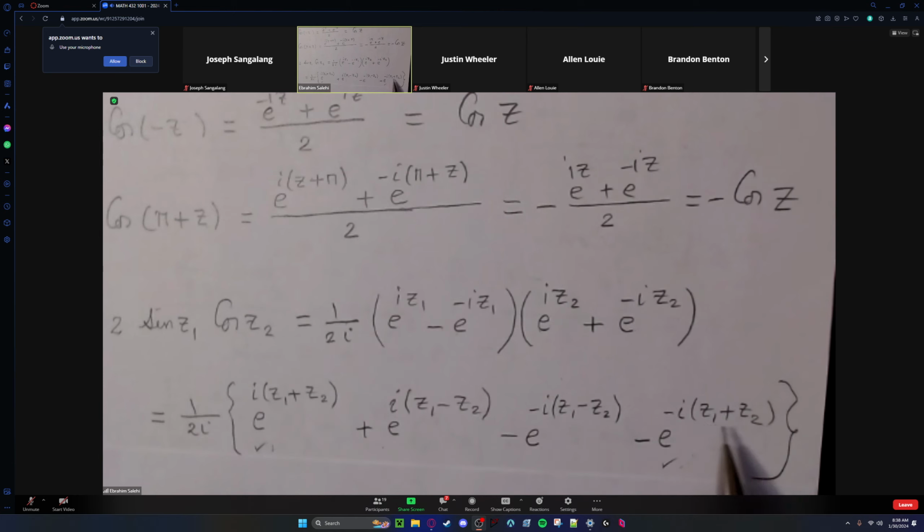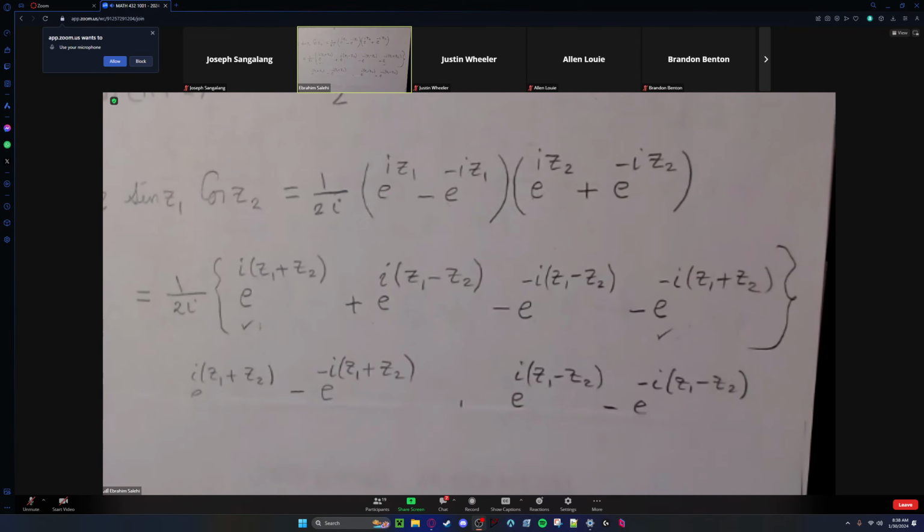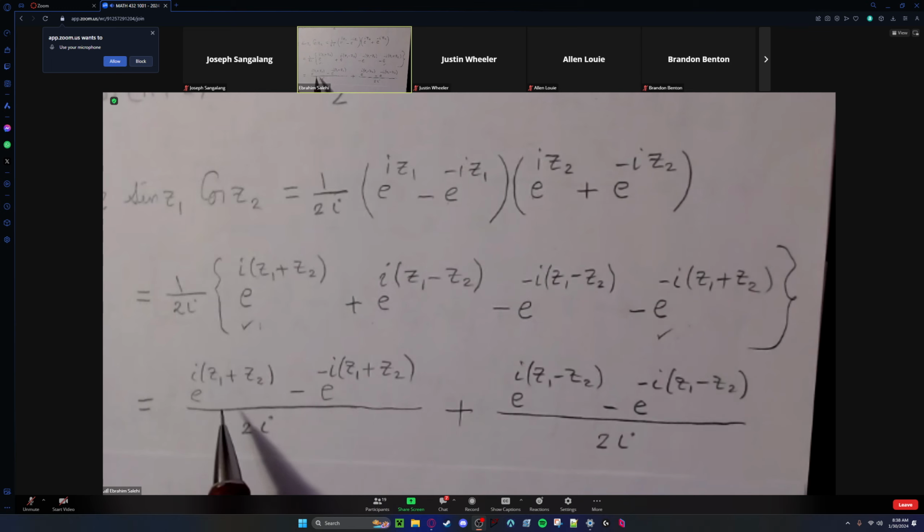Here I have z1 plus z2. Let's put these together. That's what I will get. But looking at the definition of sine, this is in fact sine of z1 plus z2.